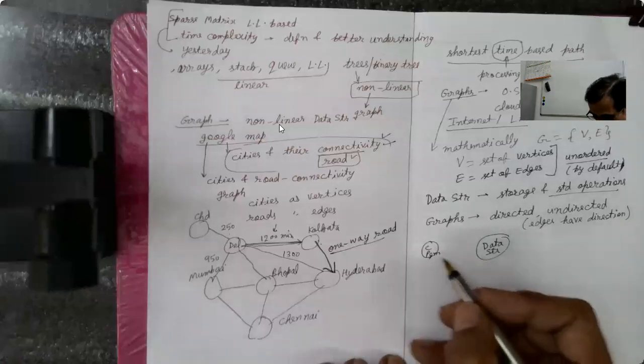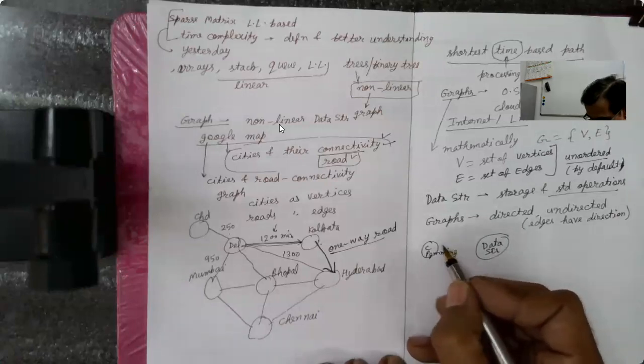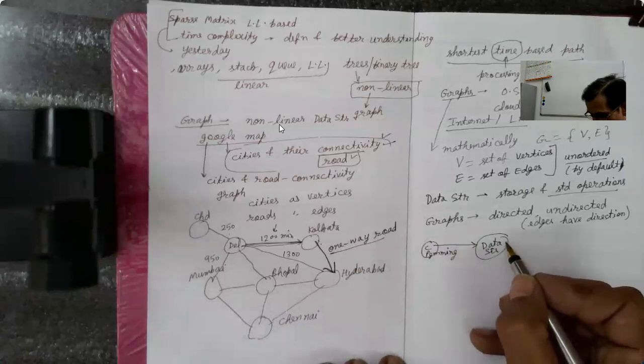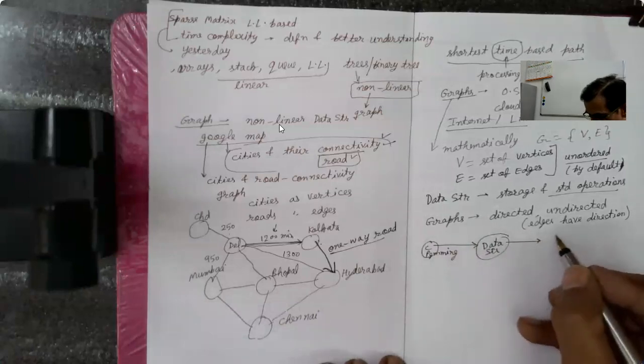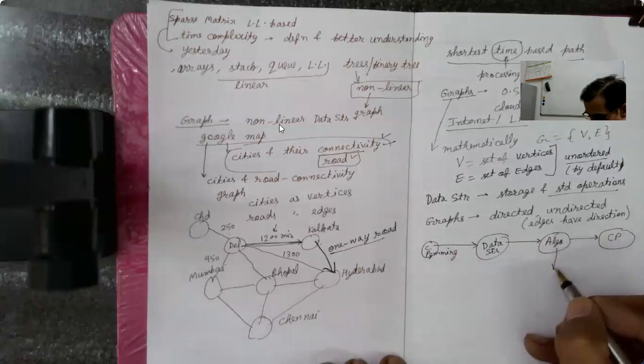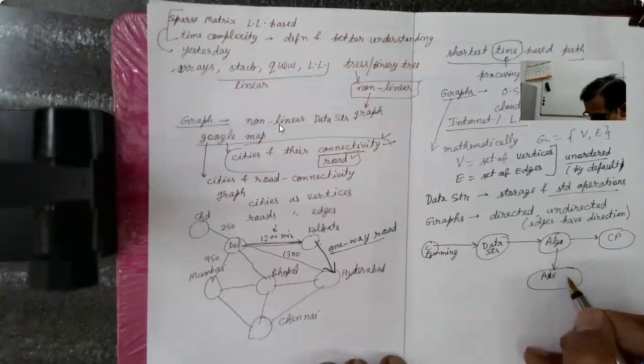Suppose C programming is being taught, and once we have studied C programming, then we can study data structures. Once we have studied data structures, then we can study algorithms. Once we have studied algorithms, then we can study competitive programming, and then advanced data structures and algorithms.